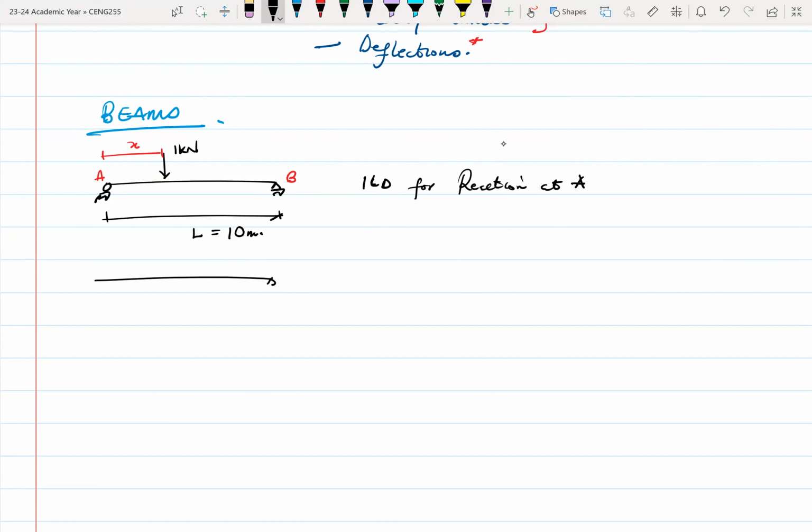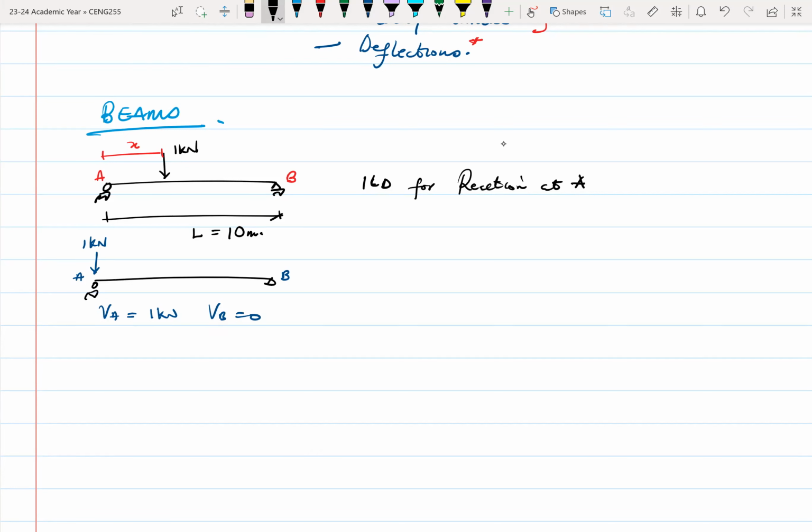I'm just trying to explain the concept. We could have the 1 kilonewton load right here. If it's right at A, your VA or your RA is 1 kilonewton, and then your VB is 0. So this is, let's say, time t equals 0. That's just when the car or the vehicle has just hit the start of the bridge.